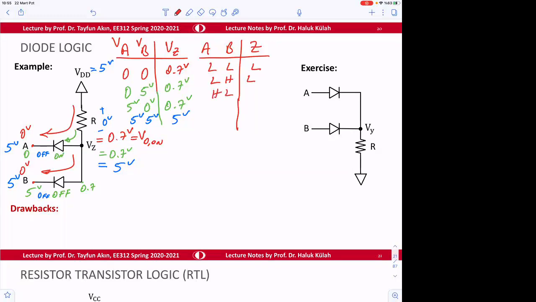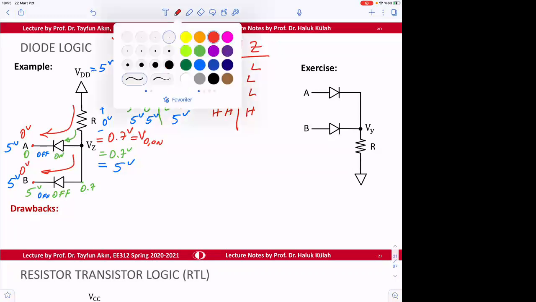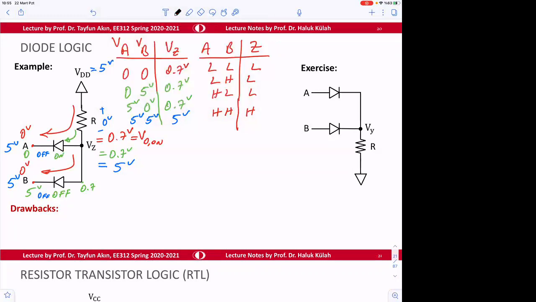High, low, output is low, and then high, high, output is high. So if we look at this, we can write here: any input low gives us output low.